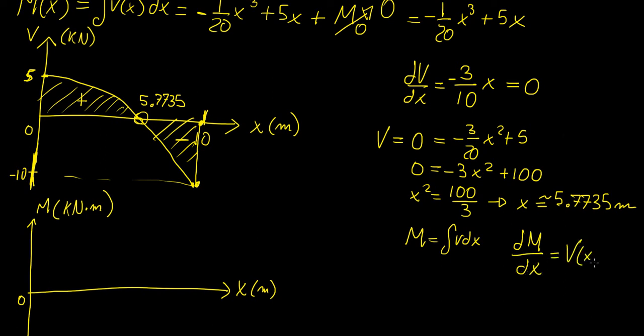And the function of the shear force being 0 corresponds to this equation over here. So essentially, the maximum bending moment should occur at this very point here where we have the 5.7735. And then that means that we're going to have a curve that is essentially just going up like this.